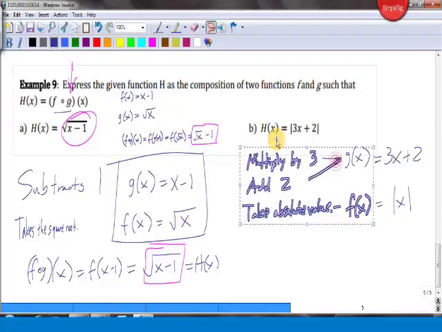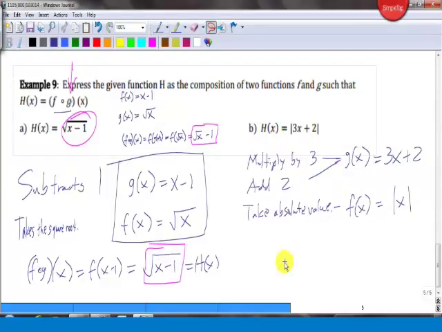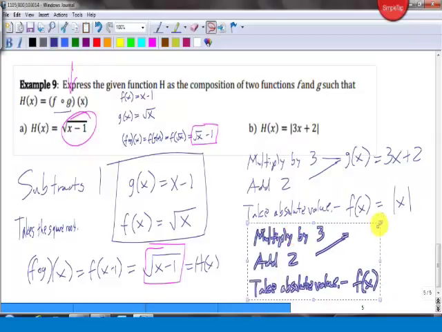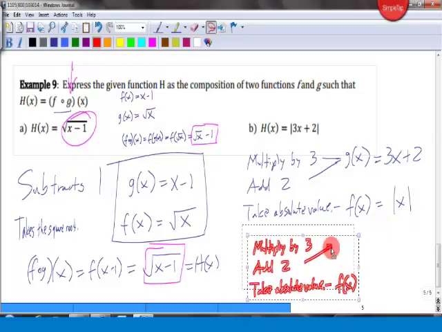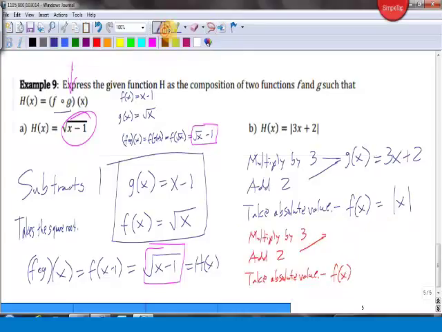What is another way to do it? G of x is equal to 3x, and then f of x is equal to x plus 2. Yes. Let g just do the first thing.